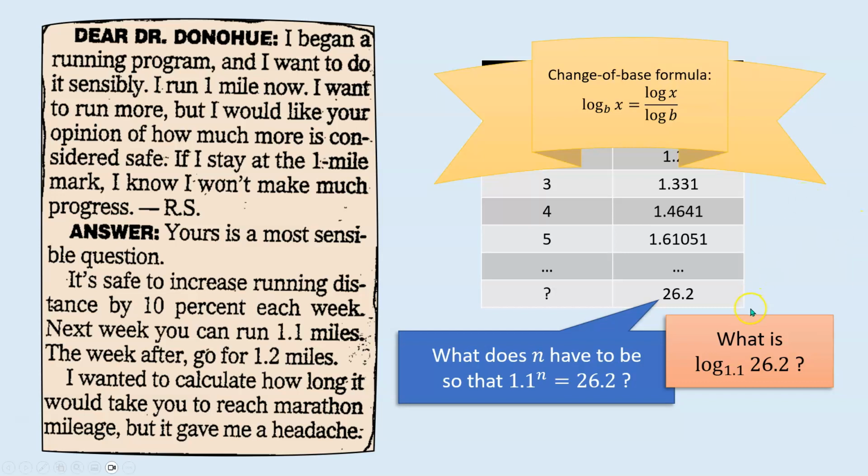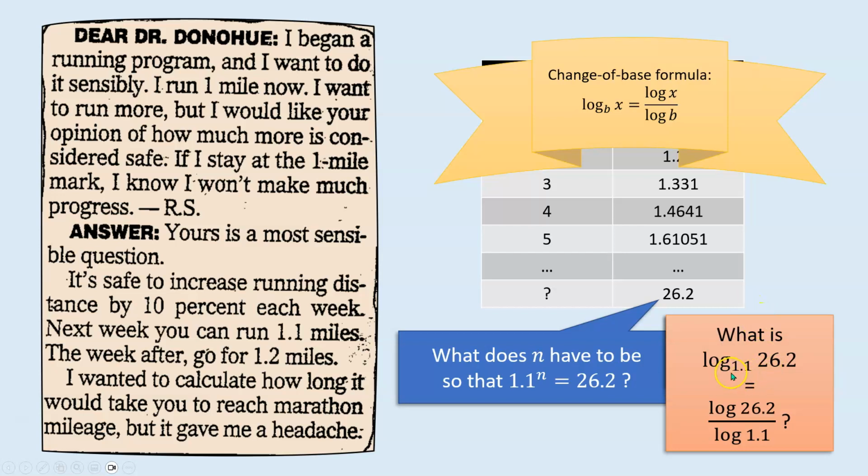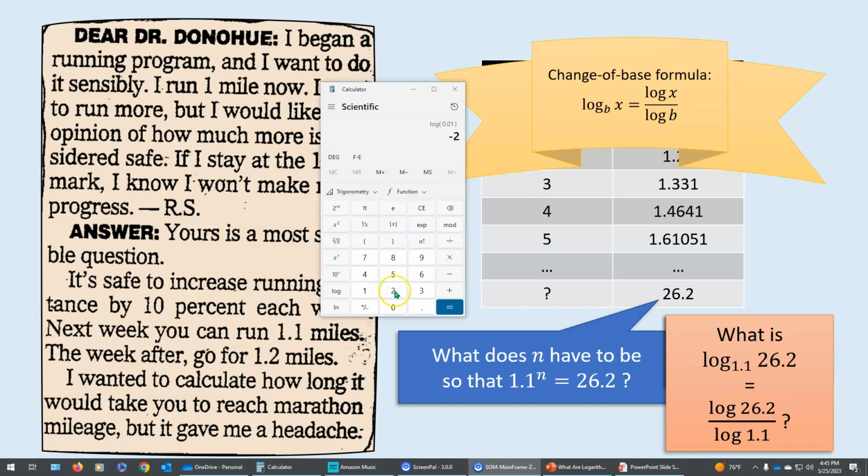So that means to calculate the base 1.1 log of 26.2, we can get our calculator and ask it for the common log of 26.2 divided by the common log of 1.1. So let's work that out. Let's see what that gives us. So this calculator wants me to punch in the number 26.2 and then hit the logarithm button.